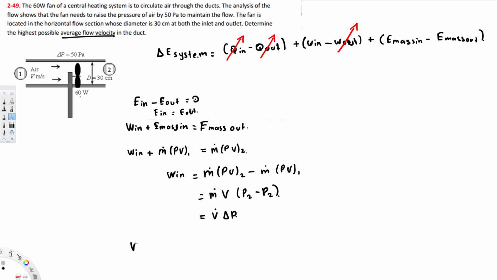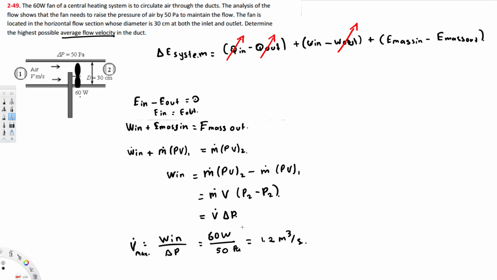So volume flow rate is equal to work in over delta P, and we know that work in is equal to 60 watts, which is joules per second, right? So that's going to be 60 watts divided by delta P, that is 50 pascal, and that's going to give us the maximum volume flow rate, which is 1.2 meter cube per second.